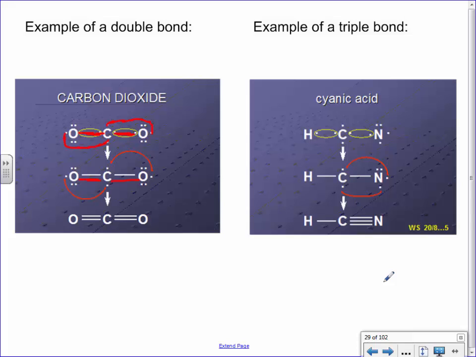I'll make one of those real quick right here for you. This is how a carbon dioxide would look if you can see it from there. You'd have a carbon in the middle and 2 oxygens on both sides.